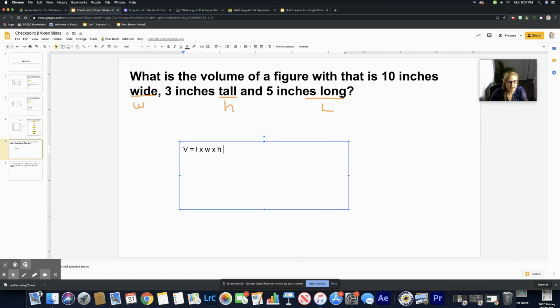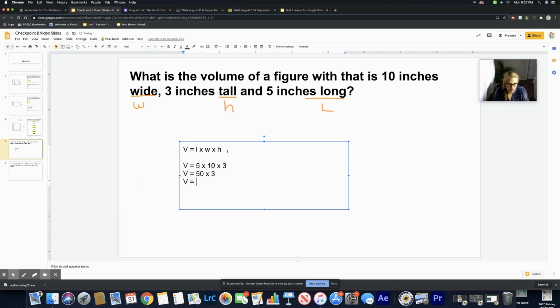All right, let's solve this together. So volume, plugging in, equals my length, it told me was 5, times my width, the wide was 10, times my height, which it said was tall, was 3. So volume equals 5 times 10, which is 50, times 3.